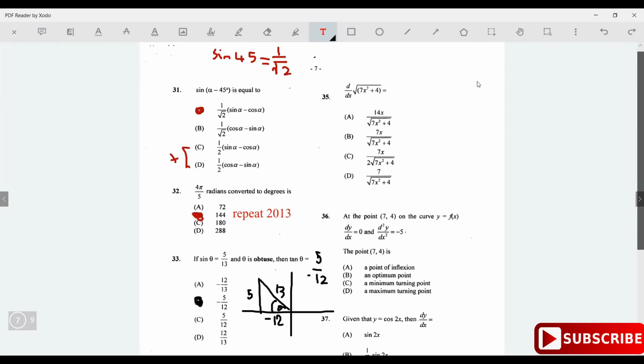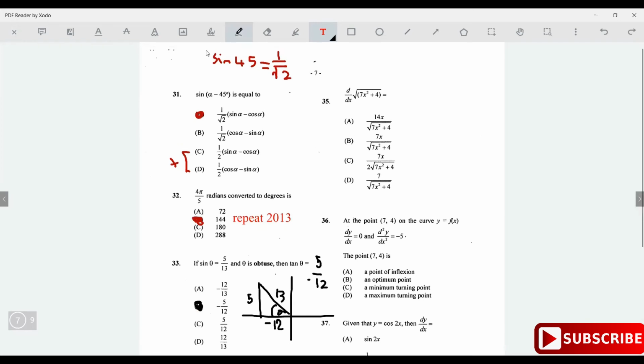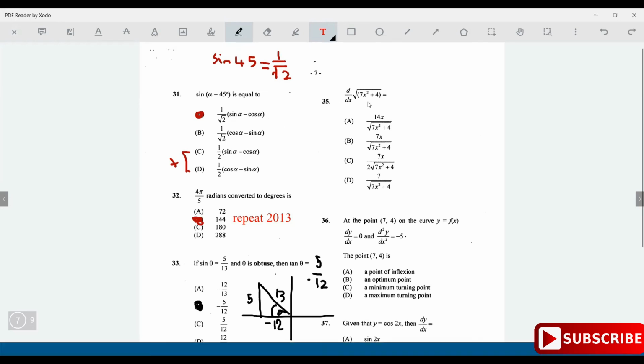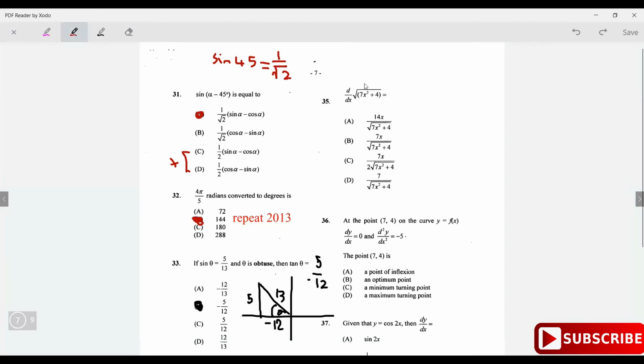Question 35. Differentiate this. To differentiate this expression, all you really need to know is that the square root is to the half power.